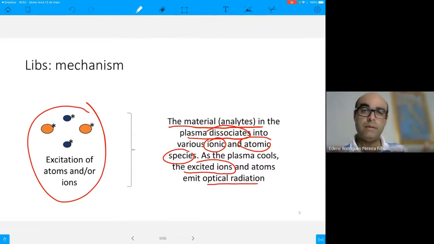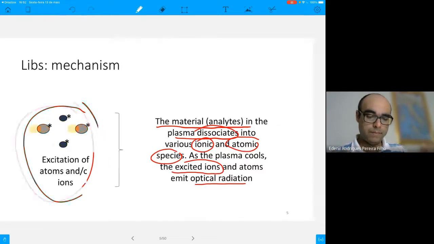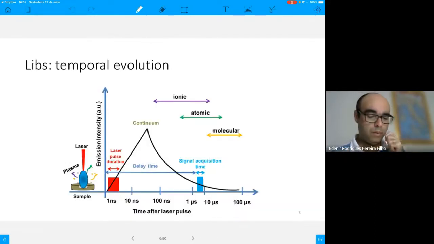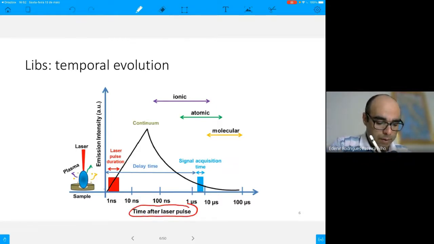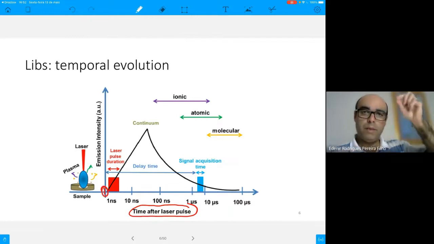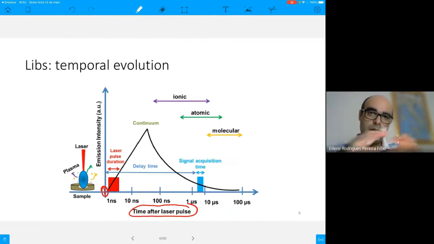How is the mechanism of LIBS? Using LIBS, we need to control the time. For instance, at time zero, we perform the laser pulse on the surface of the sample. Then we have a continuum radiation.